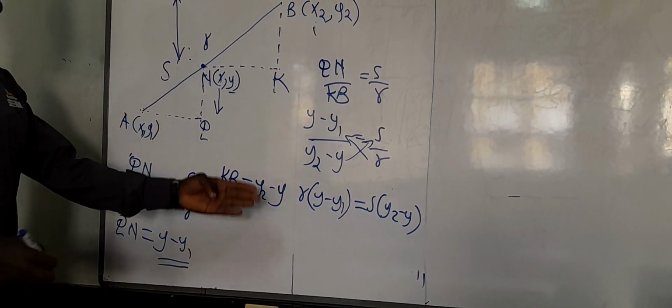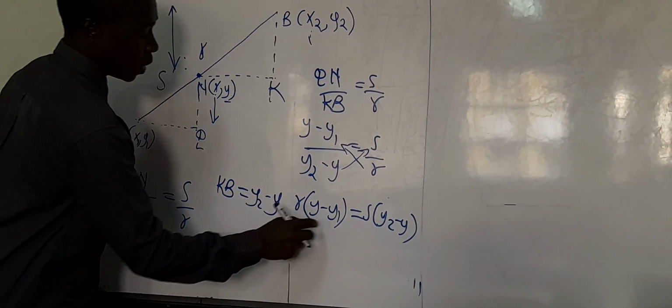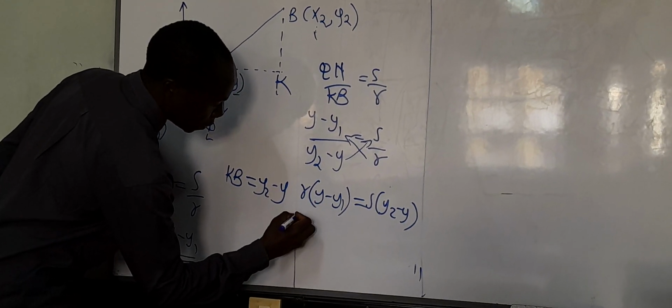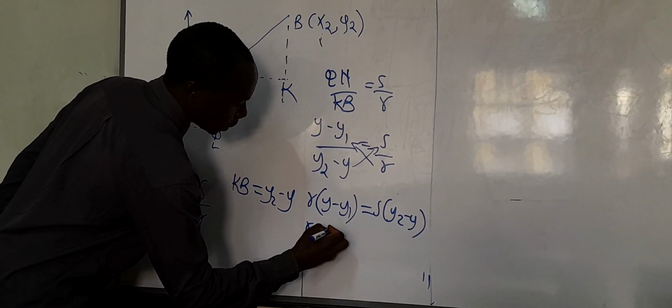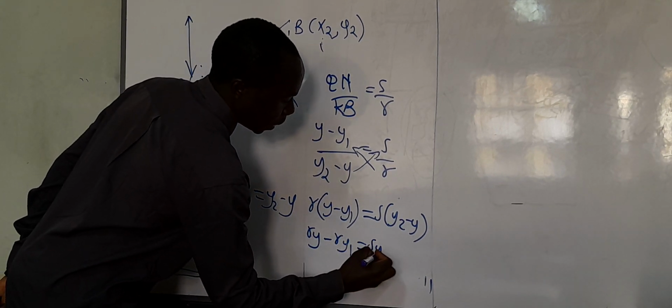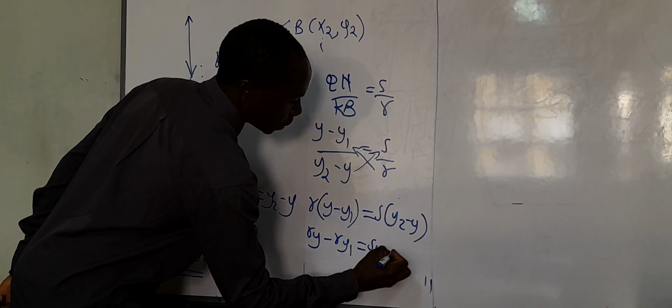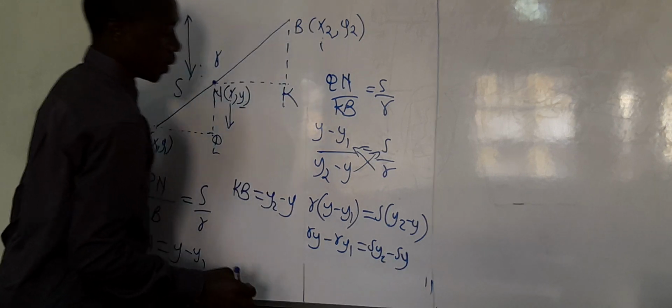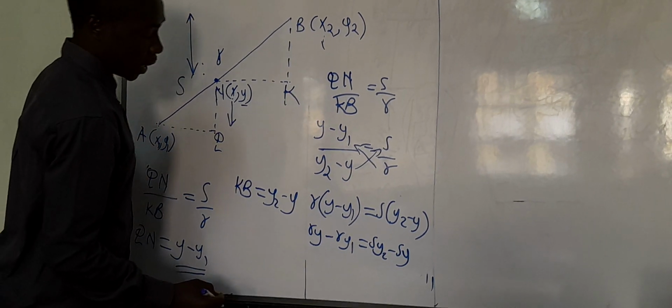So you open the bracket, you're going to have R times y, it gives you Ry minus Ry1 equals Sy2 minus Sy.